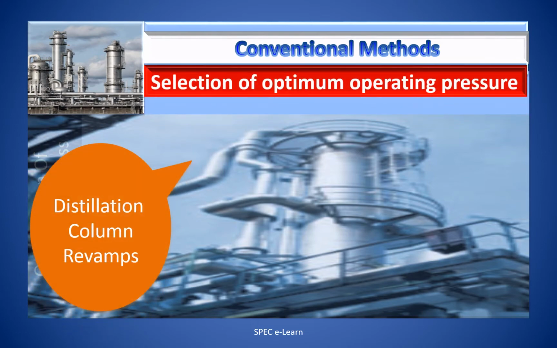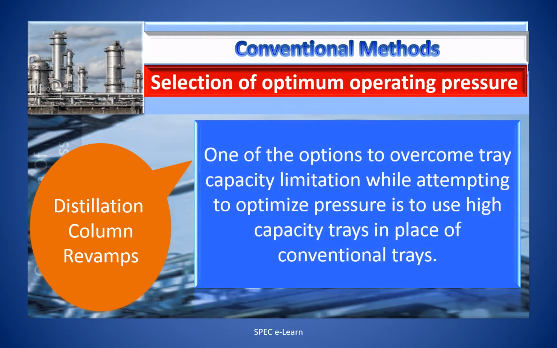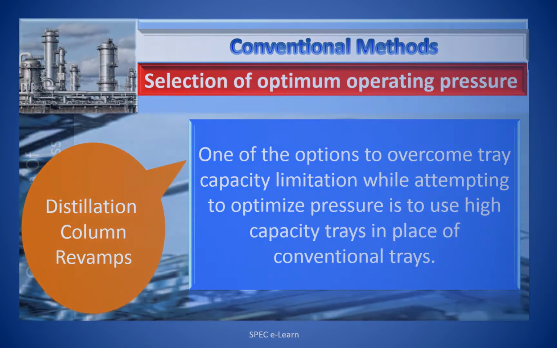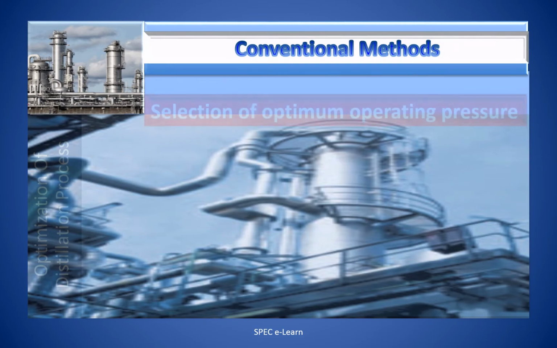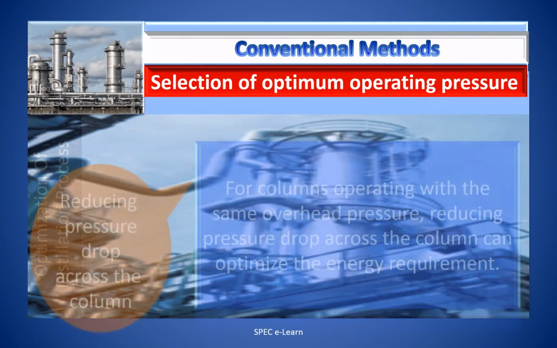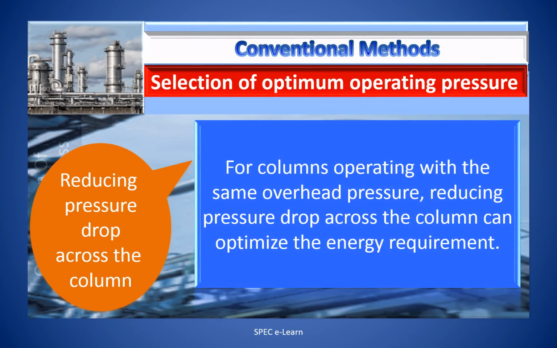One of the options to overcome tray capacity limitation while attempting to optimize pressure is to use high capacity trays in place of conventional trays. For columns operating with the same overhead pressure, reducing pressure drop across the column can optimize energy requirement.